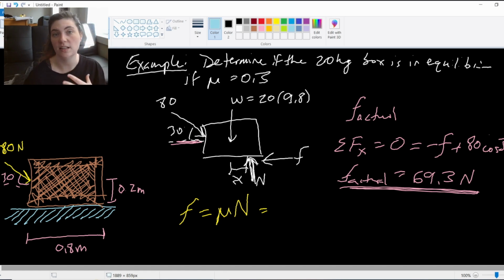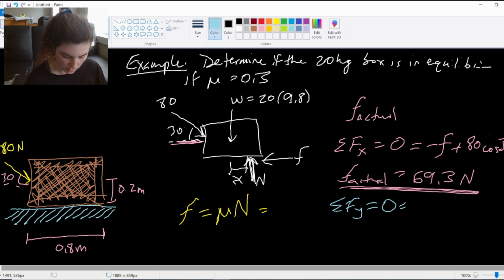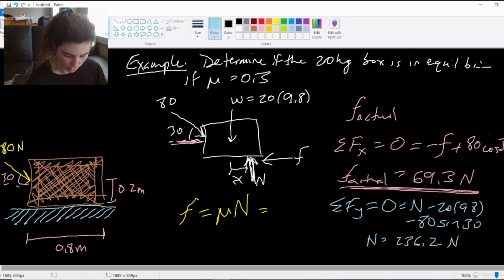So in order to find that normal force, I'm again going to apply my equilibrium equations. Sum of forces in the y direction this time is going to be my normal force minus my weight, that 20 times 9.8, minus the y component now of that 80 Newton applied force, so 80 sine 30, gives me a normal force of 236.2 newtons.